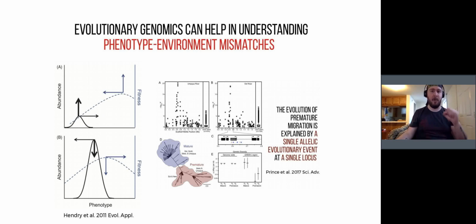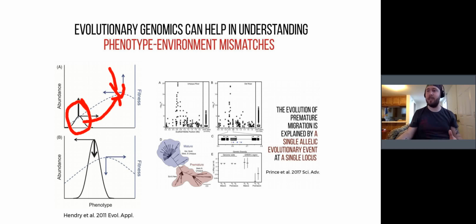It's all about adaptations. For example, here we have a population which is maladapted, let's say under global warming, and we want to get it onto this fitness peak. So what we have to do is understand the processes which will be able to move this population from here to here so it can survive. But we can also have the opposite problem.